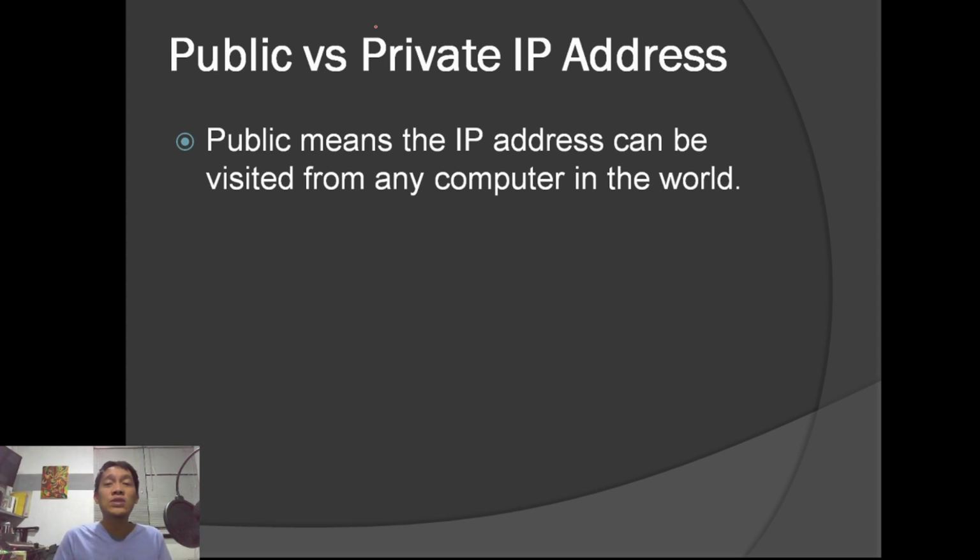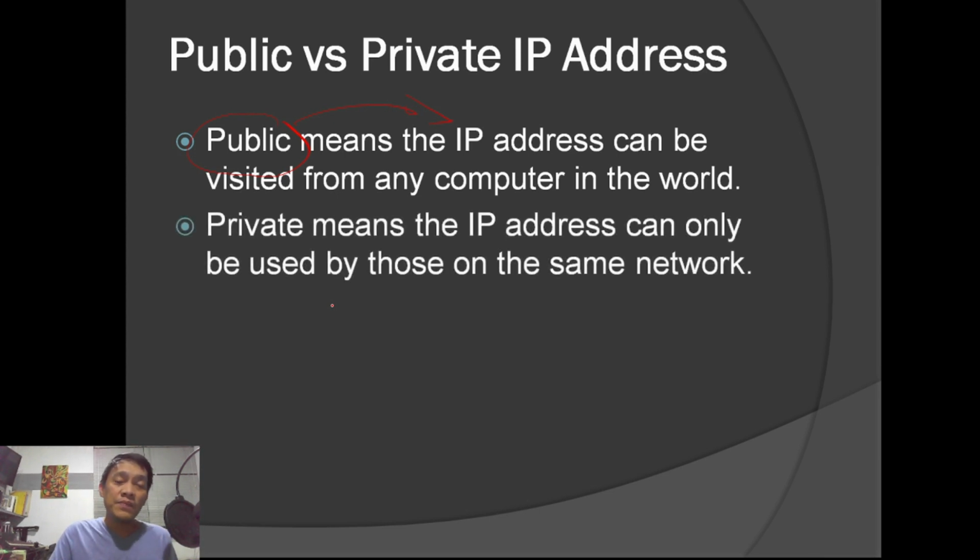Websites reside on web servers, and web servers should have public IP addresses because they should be visible on the internet. You need to connect to the website, so you have to make it public. That is the public IP. So we have the private IP also.